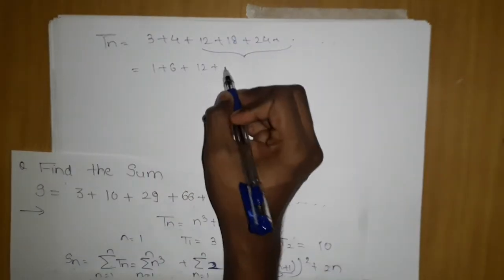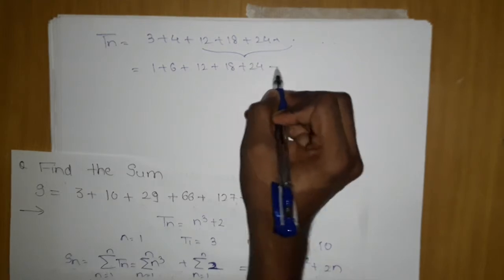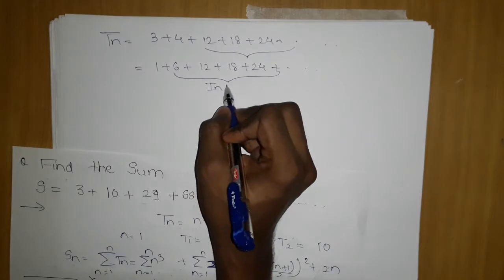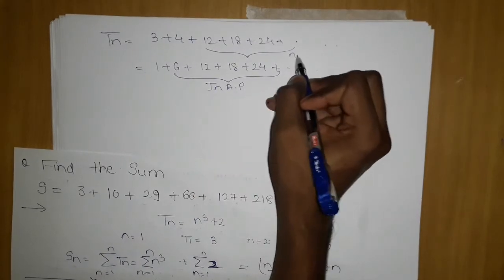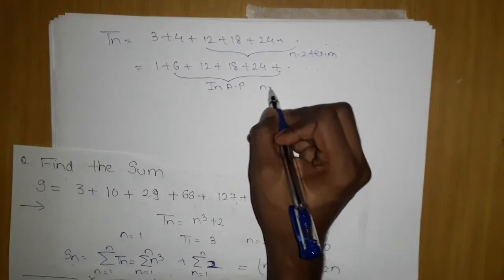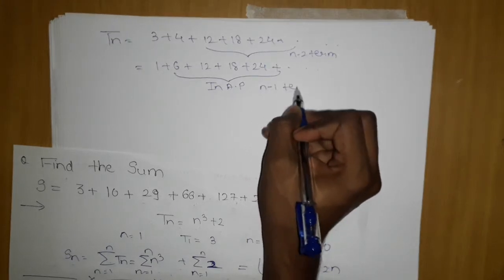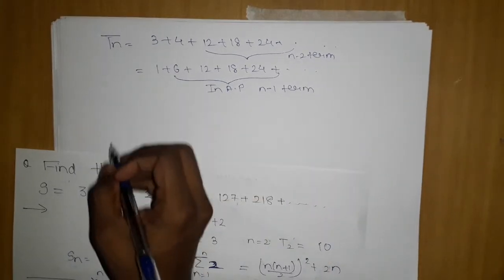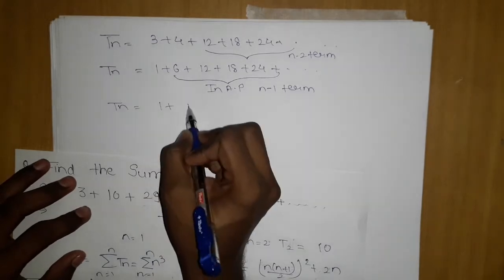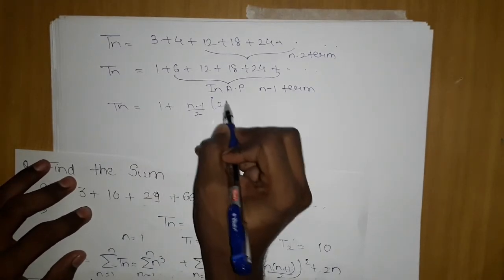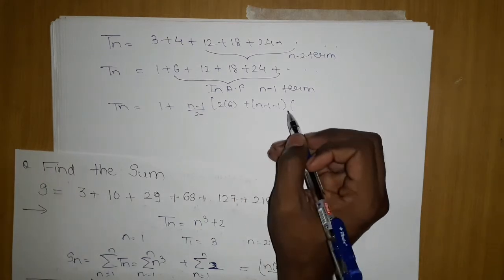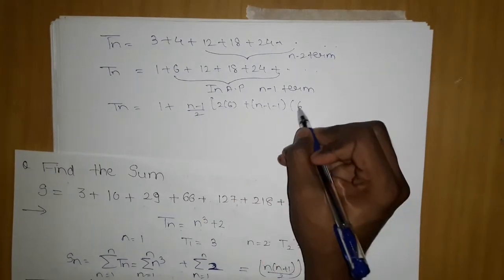So I will try to make it 6, and it is 7, so I can write it as 1 plus 6. Now if you see, this whole thing is now in AP, but here it was n minus 2 terms, now it is n minus 1 terms in AP. Now I will try to get its sum. How? 1 plus n minus 1 upon 2 into 6 plus n minus 1 into the difference, 6.